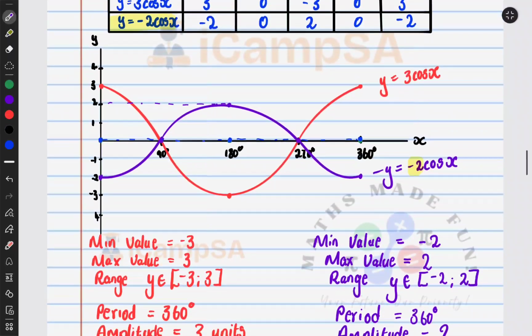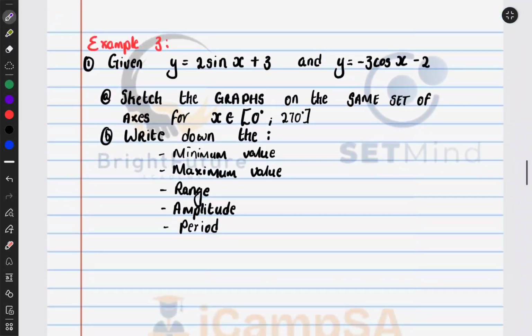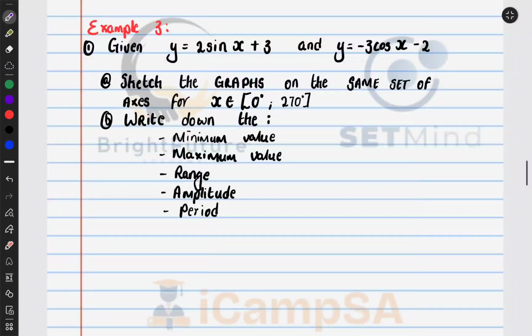Okay, and then next we have example number 3. We're given y is equal to 2 sine x plus 3. The 2 gives us the amplitude, it's the vertical stretch. So what has happened now? The function has been shifted 3 units upwards.